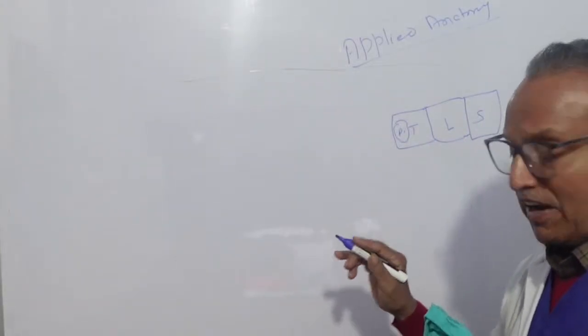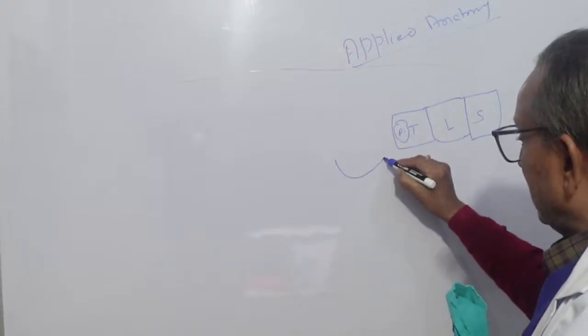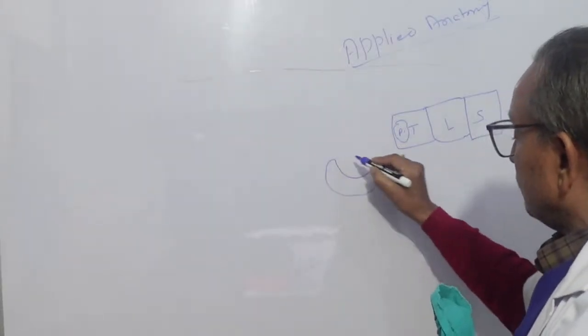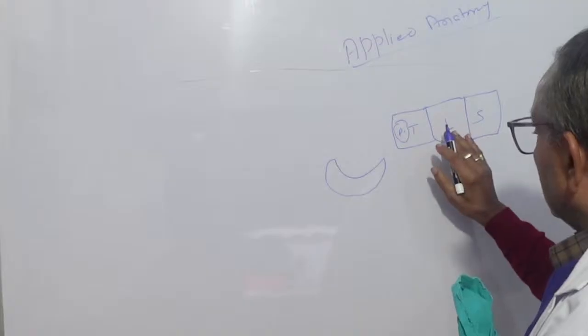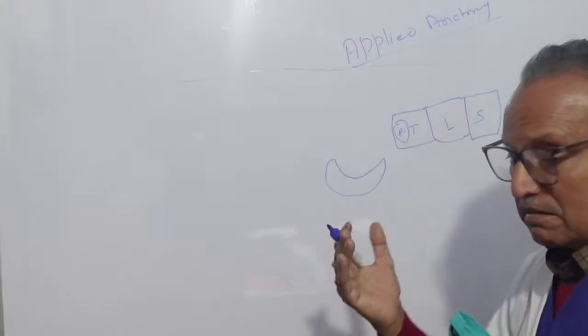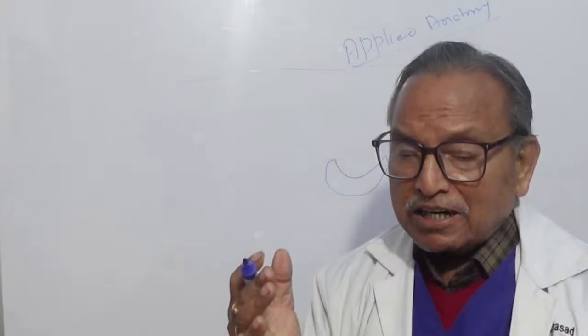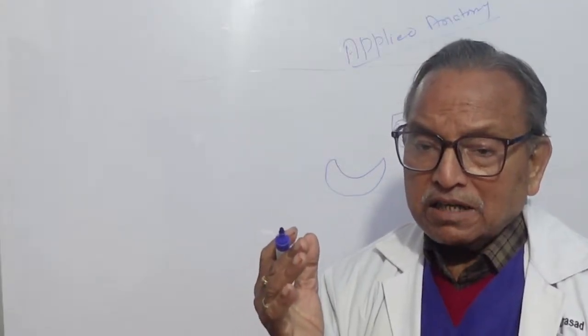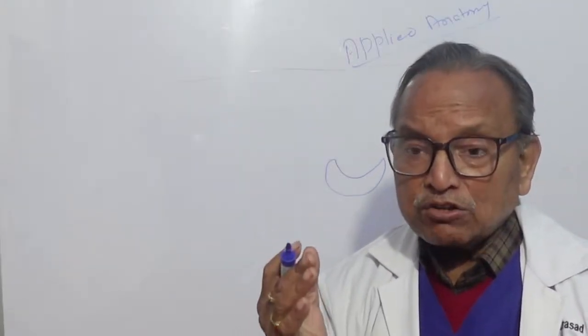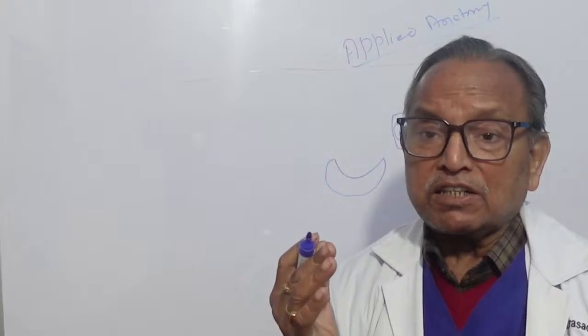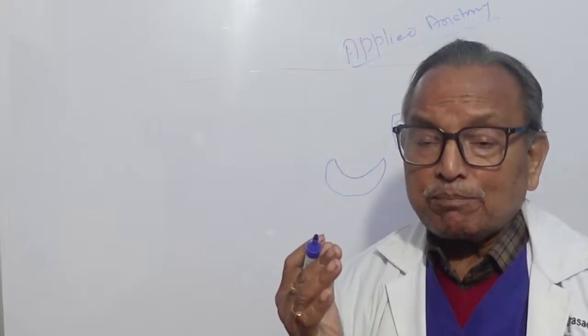It doesn't get fractured. It is semilunar in shape and dislocates from the wrist joint. It dislocates, comes anteriorly over the wrist. You have to reduce it. Otherwise, if it remains unreduced, your wrist will be disturbed and it will be a painful wrist.